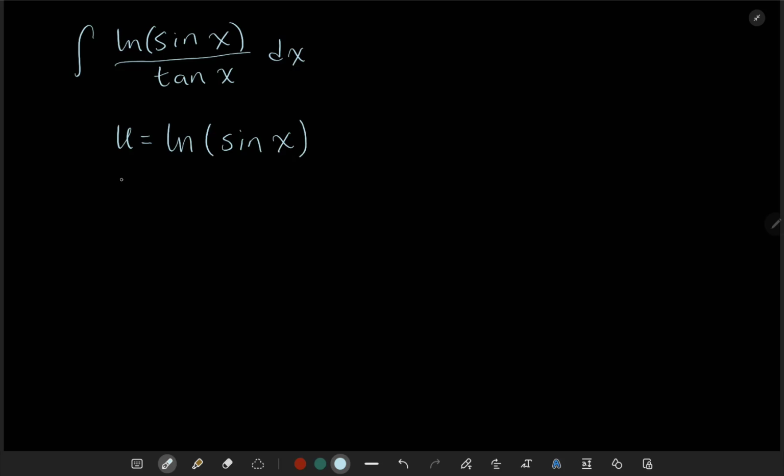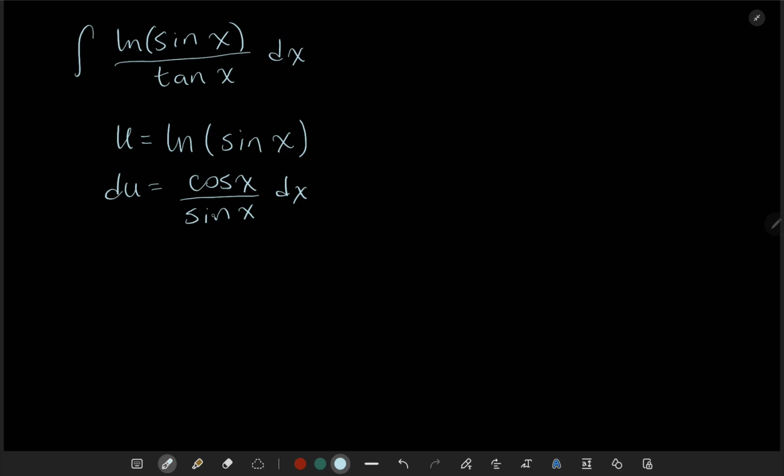And then when we do that, our differential of u is going to be the derivative of this. Now, remember, what is the derivative of the natural log of a function of x? You have to take the derivative of the inside, which in this case is going to be cosine x all over the inside, sine x, and that's going to be dx.